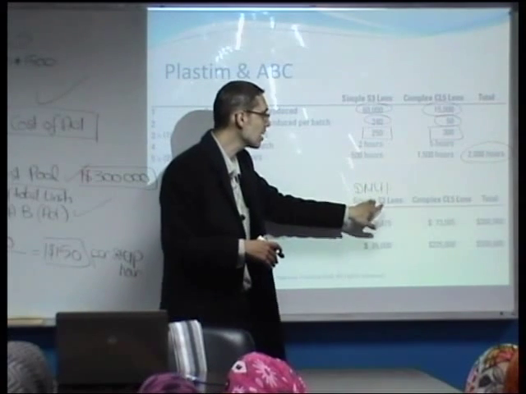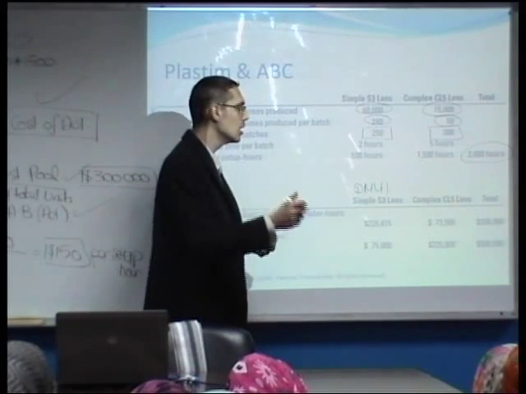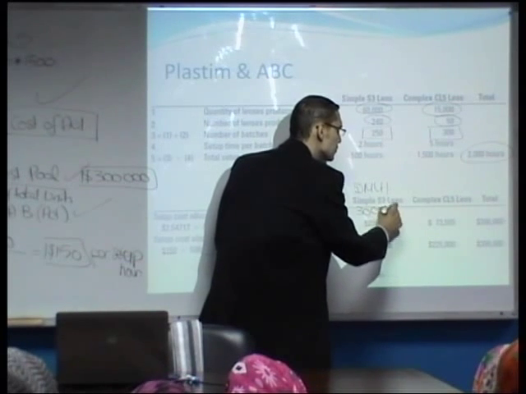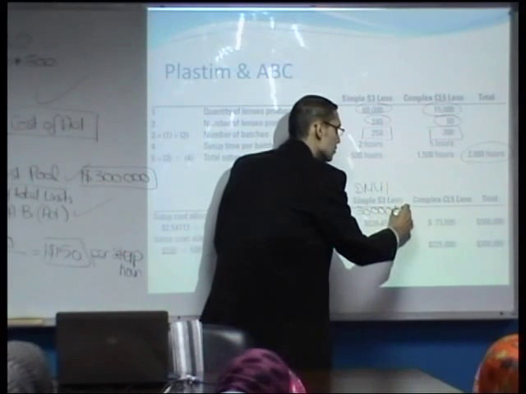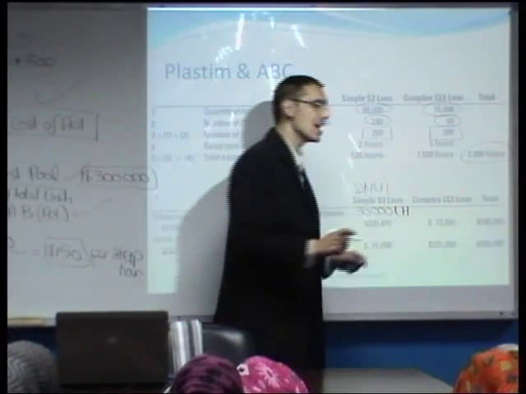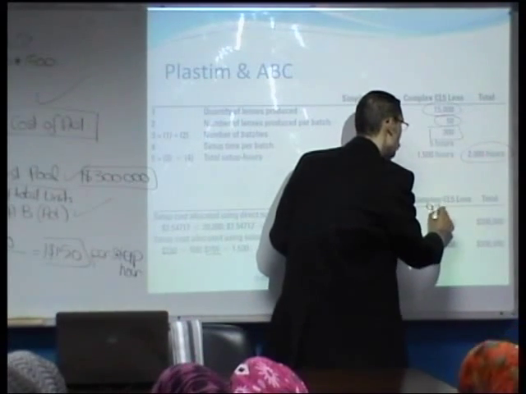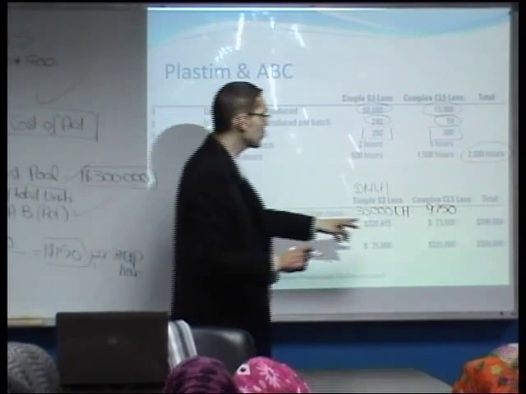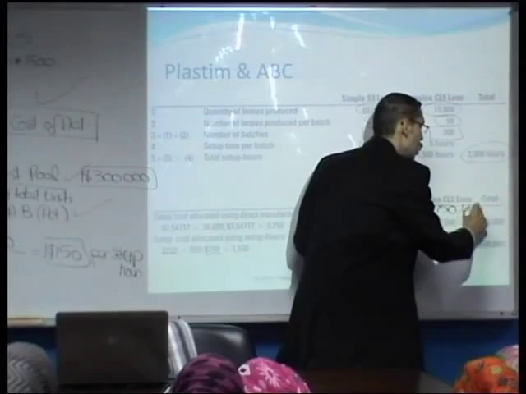Because according to the direct manufacturing labor hours, the simple lens used up 30,000 labor hours, and the complex lens used 9,750, I think. Yes, 9,750 labor hours.